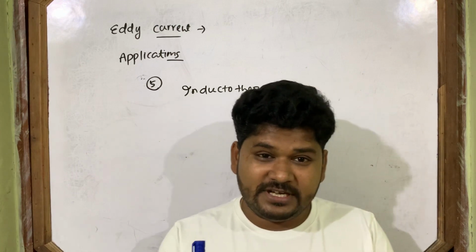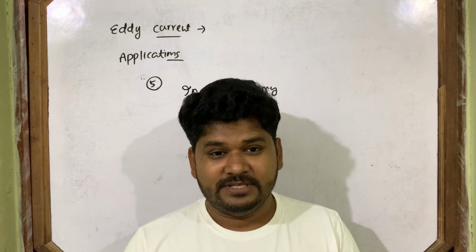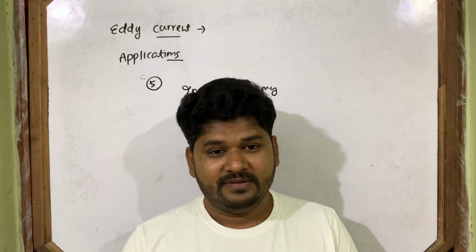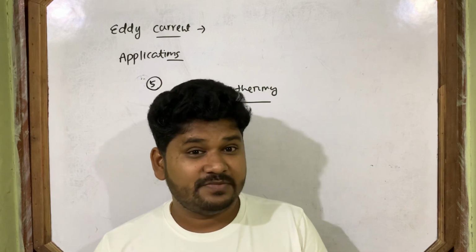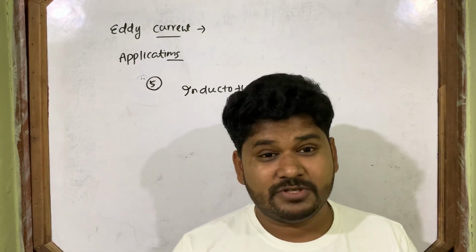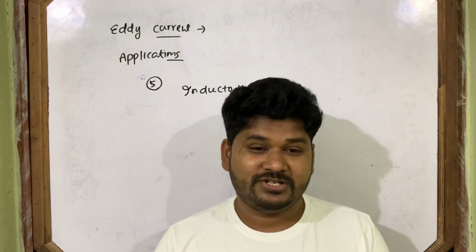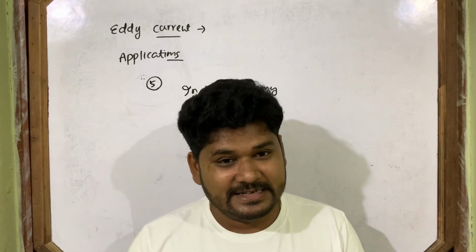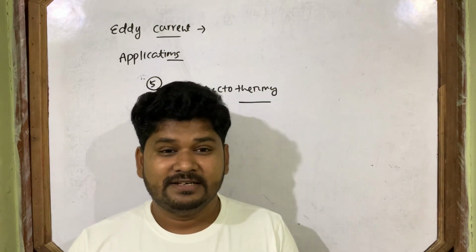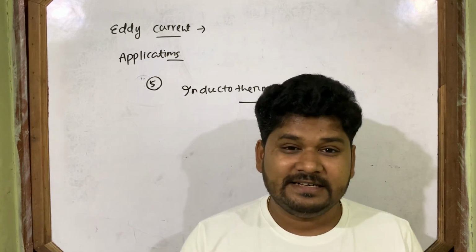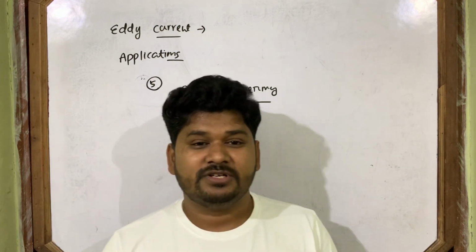If rotation is there, it opposes rotation. It opposes motion. So which force opposes motion in class 11th? That is friction. So this eddy current is treated as electric friction, as it opposes motion.